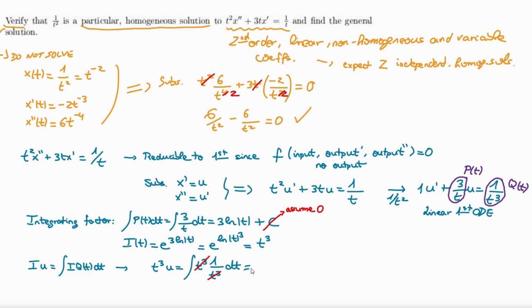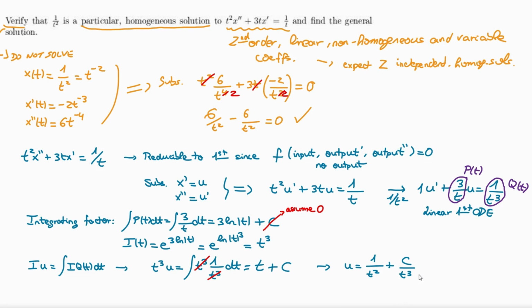I'm joking. Integral of 1 with respect to t is just t plus additive constant. Please do not forget the additive constant when solving an integral. Only we can neglect it when calculating the integrating factor. So divide by t cubed left and right, so u equals 1 over t squared plus constant over t cubed.